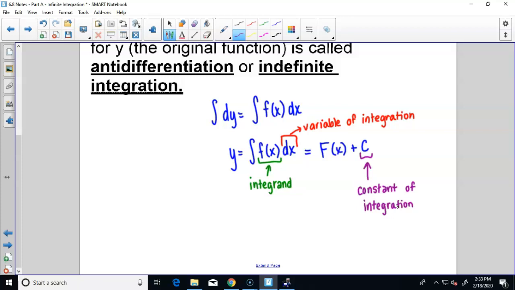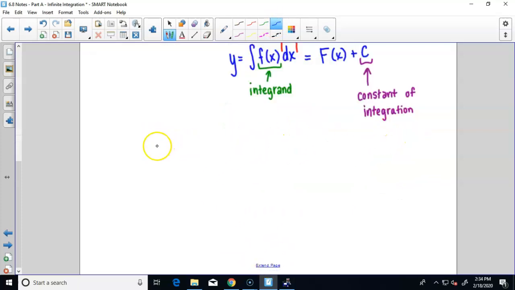So let me just give you an example of why that dx has to be there. I'm going to give you just two problems. If I have the integral of k dx versus the integral of k dk. Alright, so if I have the integral of k times dx, what is the variable of integration here? It is x.